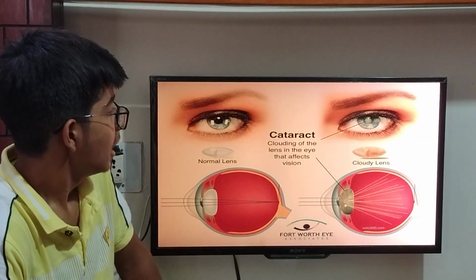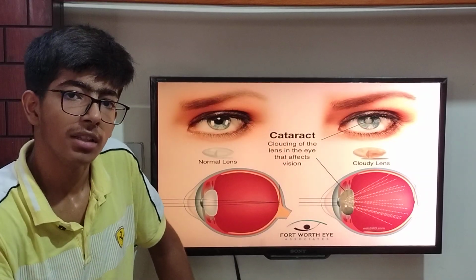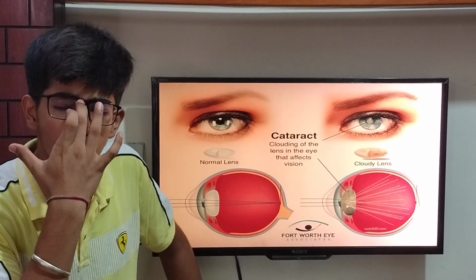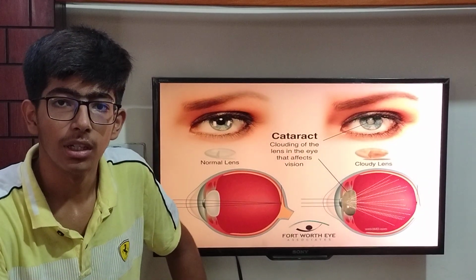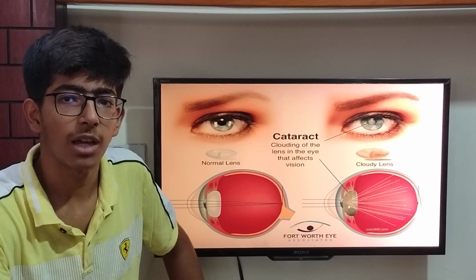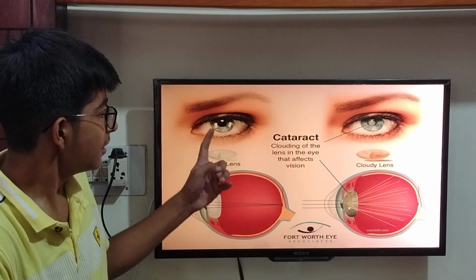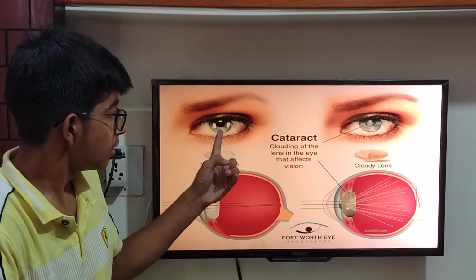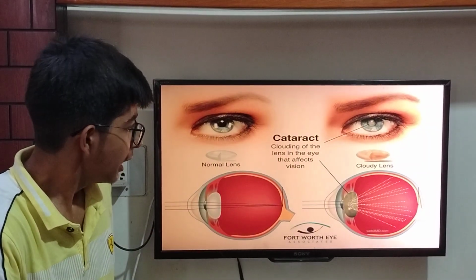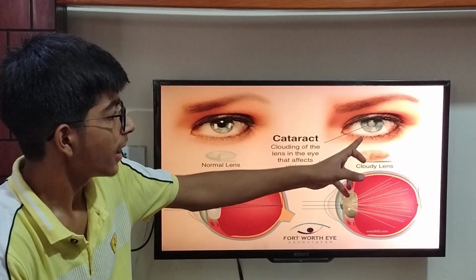Now, this is another type of defect. This is called cataract. This also happens usually in old age, but sometimes it happens early also. What happens in this? Like this is a normal eye. There is no defect in this. And this is an eye with a cataract.